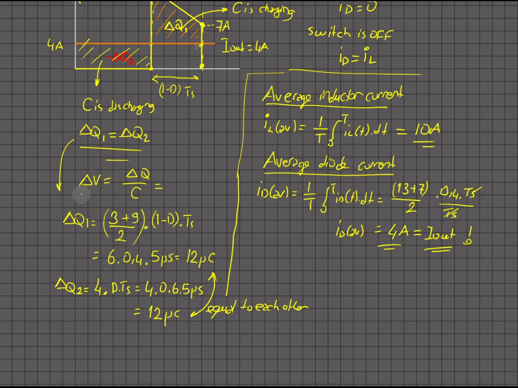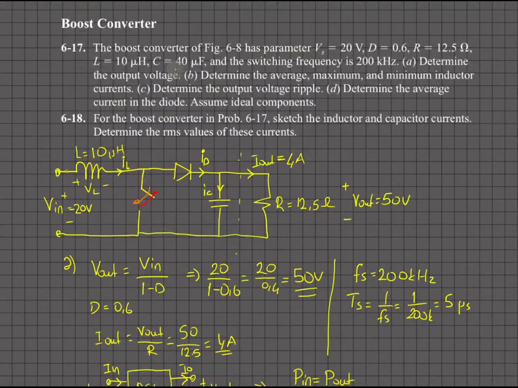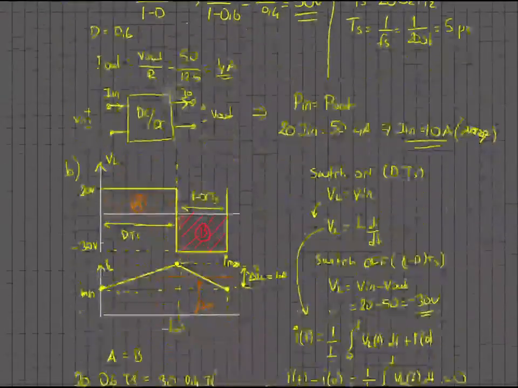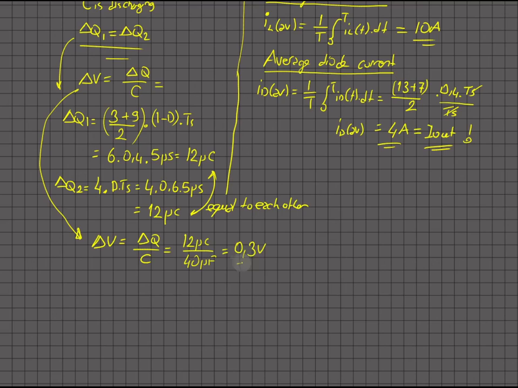Then I can calculate that voltage ripple delta V is equal to delta Q, one of them, divided by C, and C is given in the exam question as 40 microfarad, right? So it is 12 microcoulomb divided by 40 microfarad, and it is 0.3 volts.